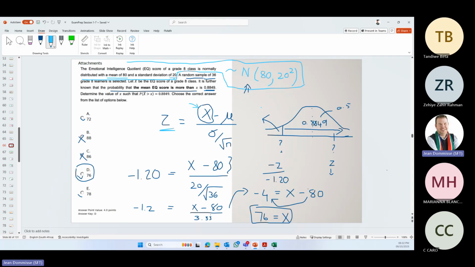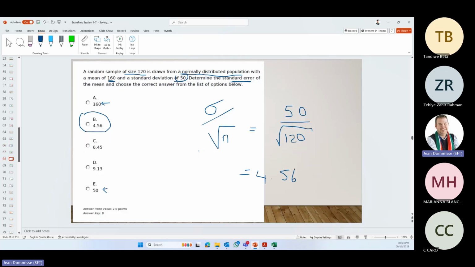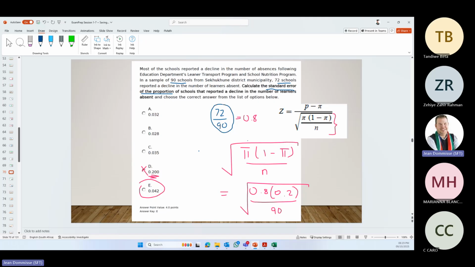But if we bring in the sampling, the only part that is now a bit different is instead of dividing by the standard deviation, we're now dividing by the standard error. And then the extra thing in this study unit is that this is all good and well when we're looking at the mean, but they brought in a bit more.